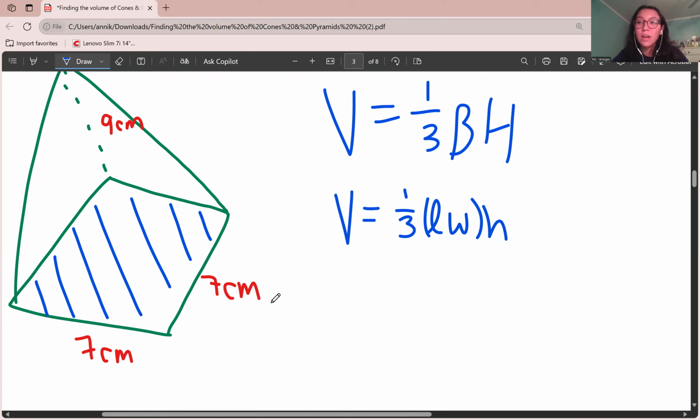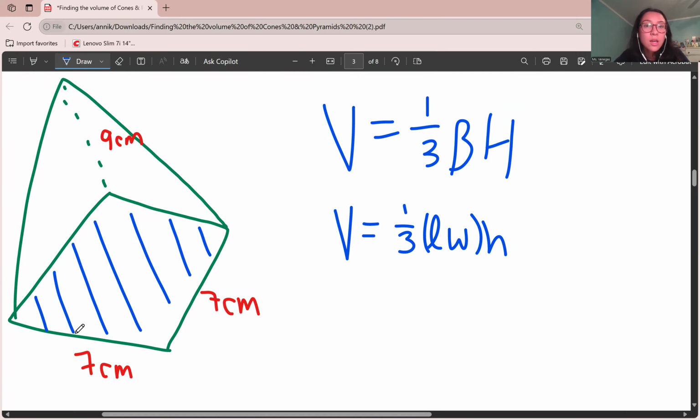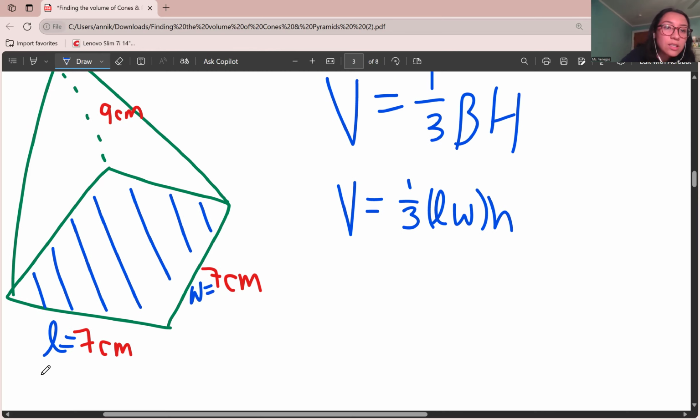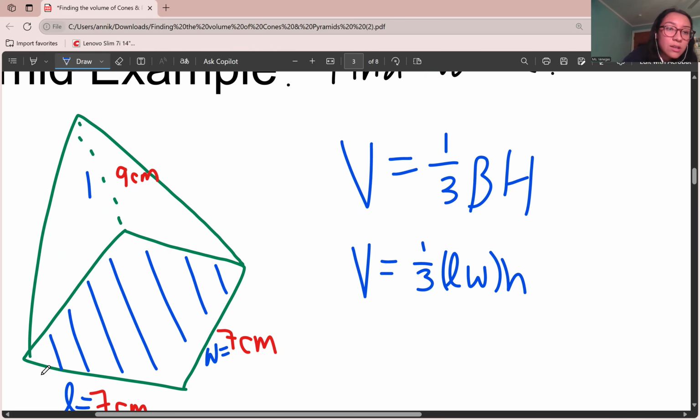One thing that really helps me when I'm plugging into equations is sometimes labeling what my length is, what my width is, and what my height is. So our length here is 7. Our width here is 7. And then our height here is 9.